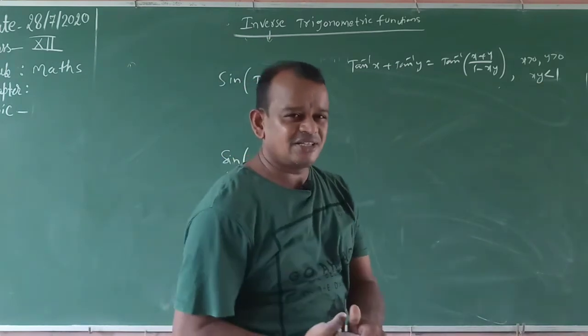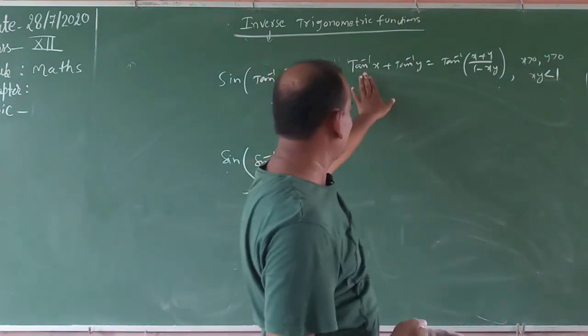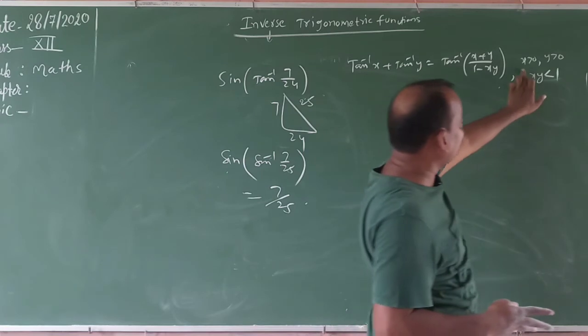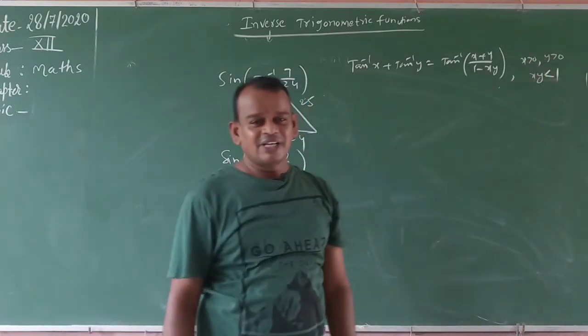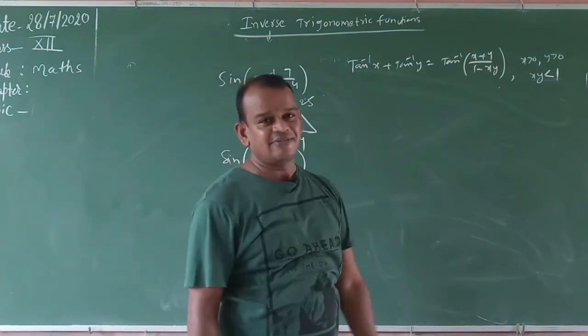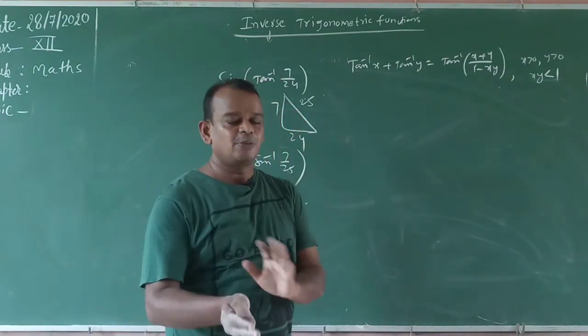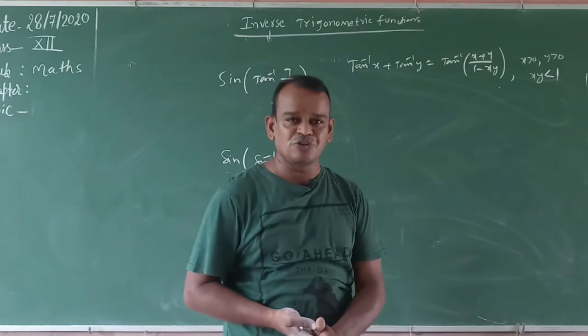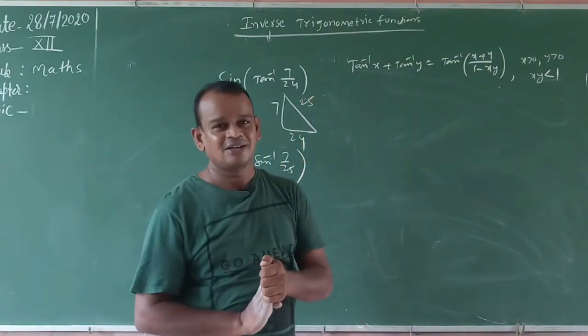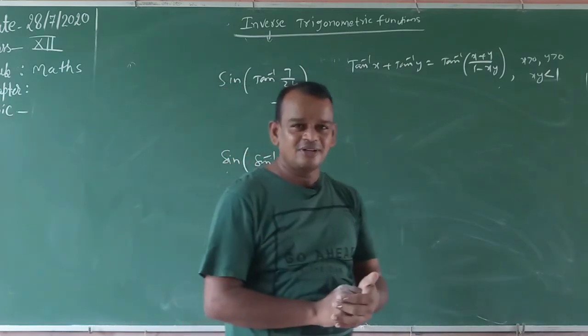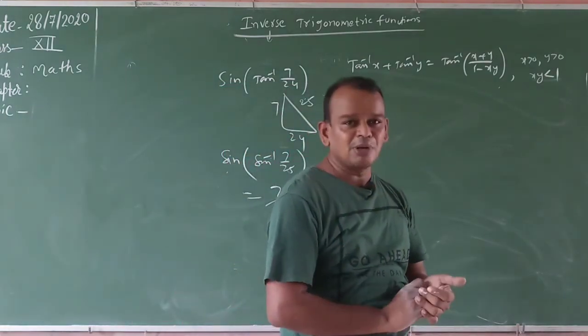All the students just memorize the formula by heart and cannot remember this condition. Their product must be less than 1. You remember that formula. Okay, before that, one problem is given.